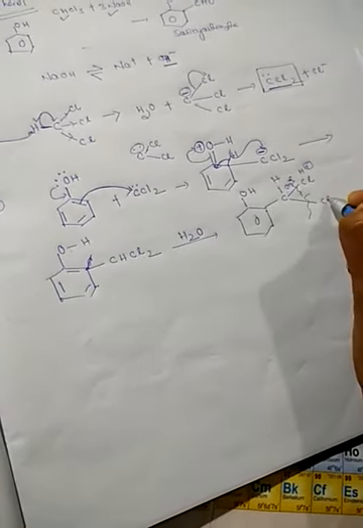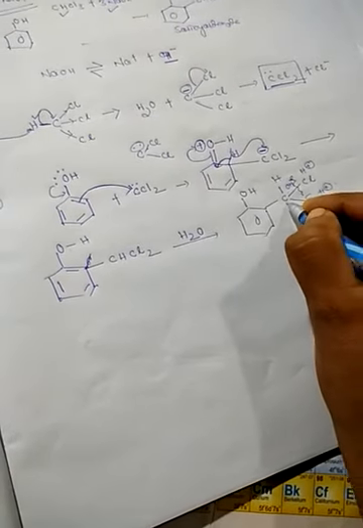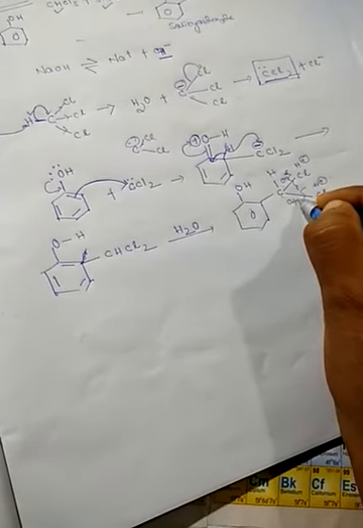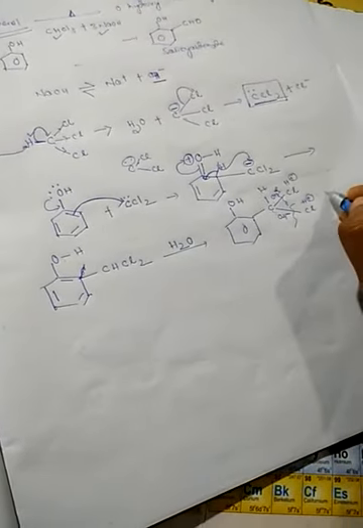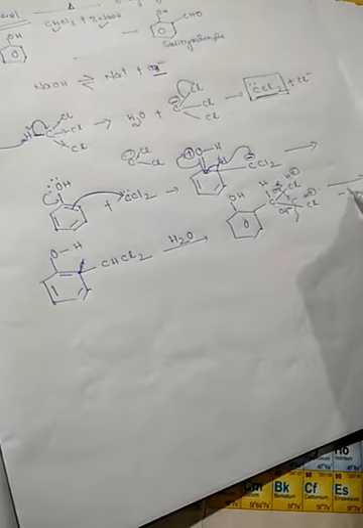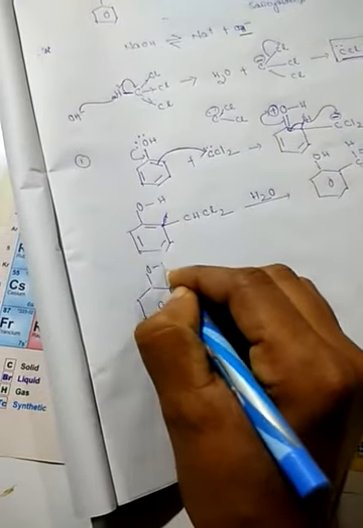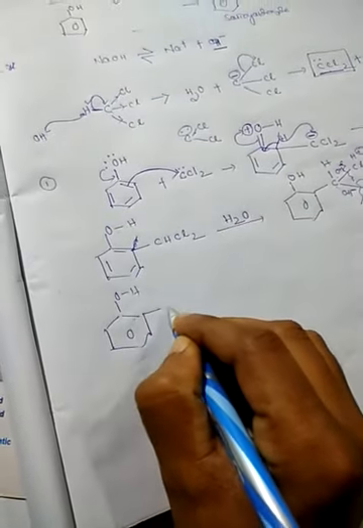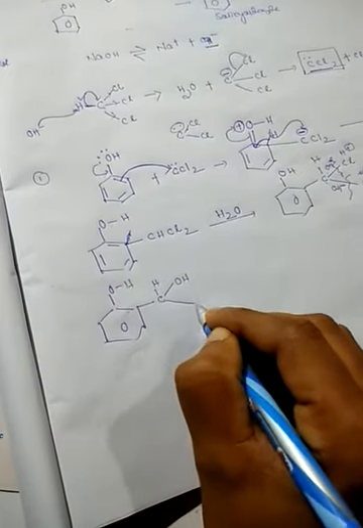At this side it's the same, this negative part is attached with H+ of water, and this partially positive side will attach with hydroxide of water. Then with loss of 2 HCl, it will form this type of compound.